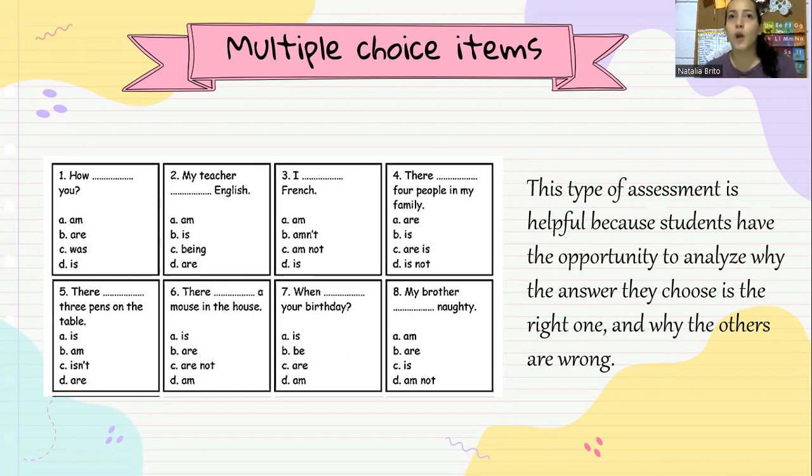In my case, when I used to assess grammar in this way, I also asked students to write or to identify why each option was incorrect, okay? Or also why the option they chose is the right one, okay? This is something I used to do.